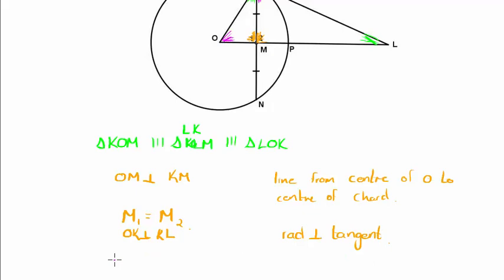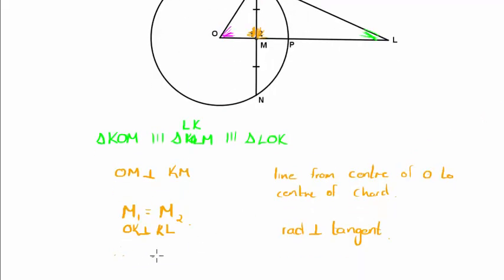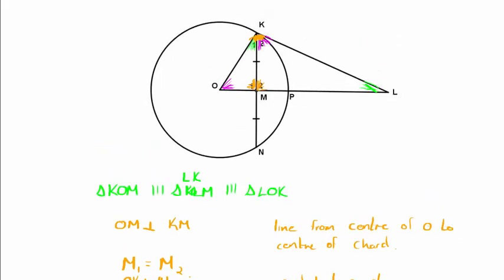Okay, therefore this OKL is also equal to N1, which is equal to N2. Right? So I've shown that. Okay.